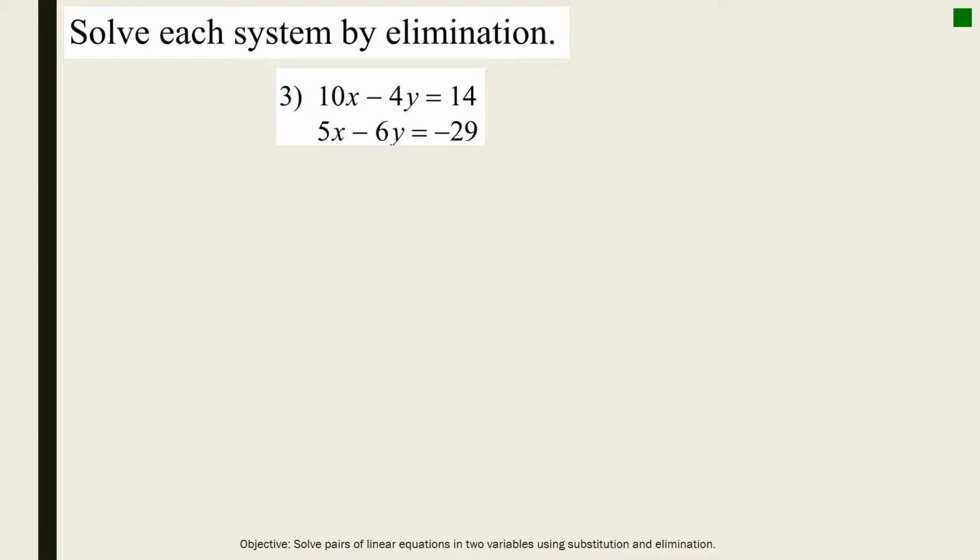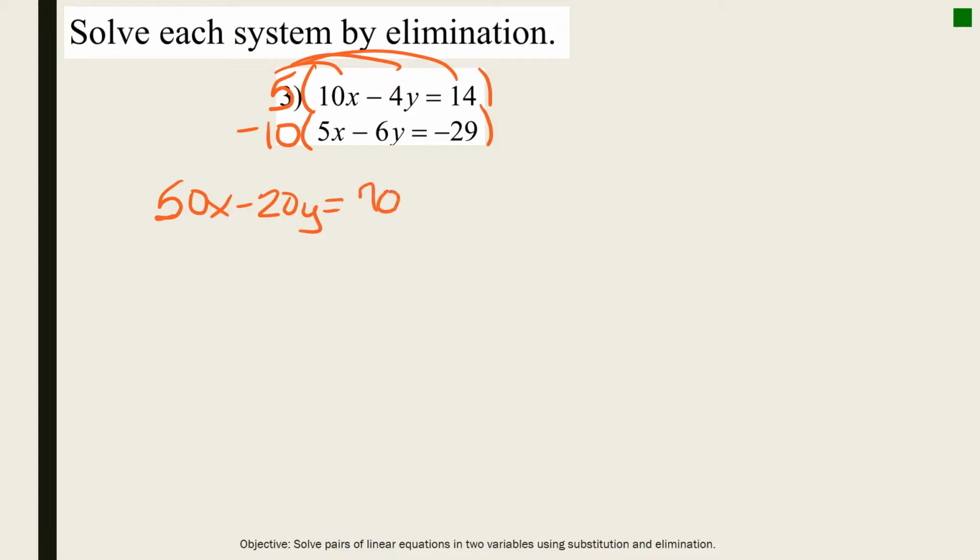All right, again, elimination, x, x, y, y equal. There's a lot of different ways to do this, but the way I like to do it is bring up that number, bring down the opposite, and then distribute all the way through. So 50x minus 20y equals 70. Then do this one.